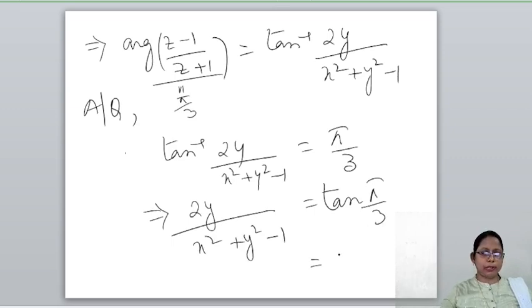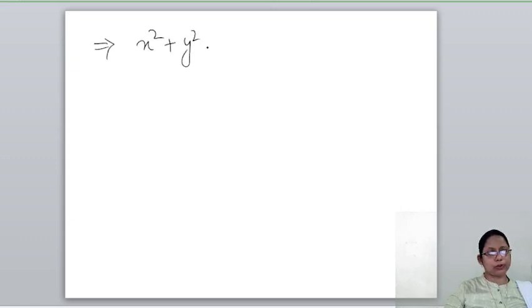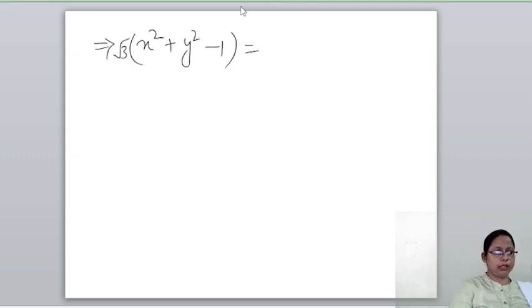And tan pi by 3 is tan of 60 degree, which is root 3. At the next step, you can write this as root 3 times (x square plus y square minus 1) equals 2y.